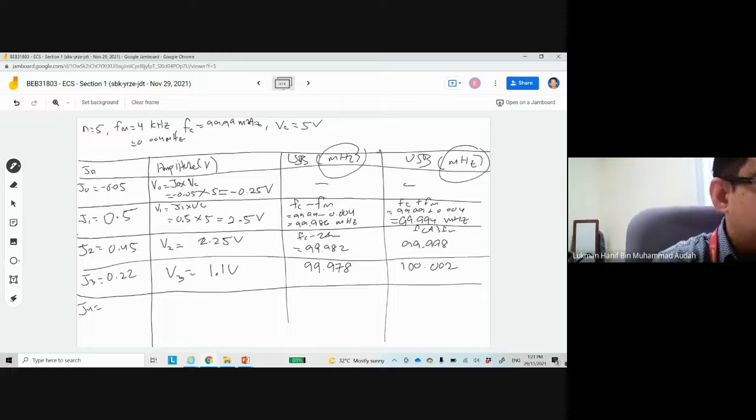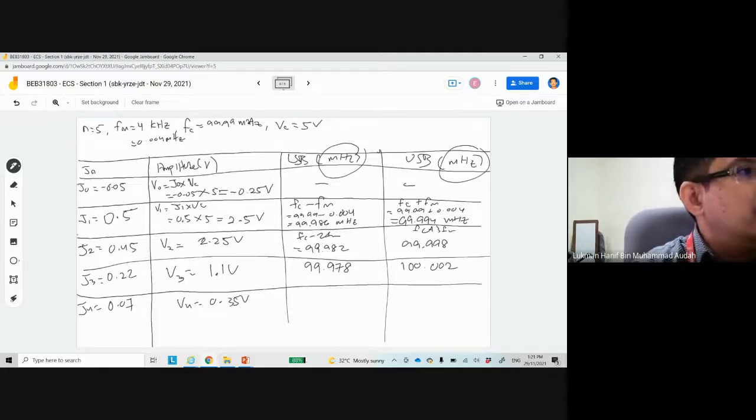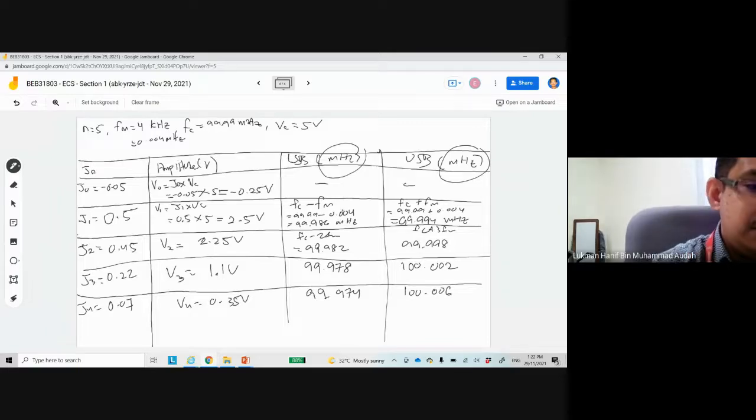J4 is equal to 0.07, and here is V4 is equal to 0.35. Here is 99.974. This is 100.006 megahertz.